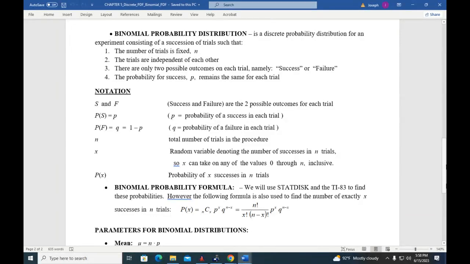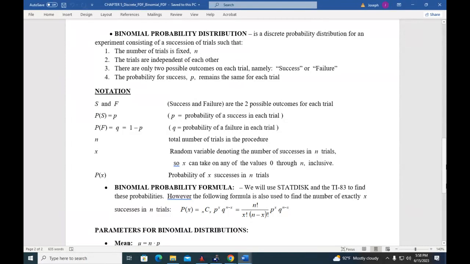You need n and you need p. That's it. q is 1 minus p. q is the probability of a failure. p plus q equals 1, because there's only two outcomes. So for any experiment, you have probability p for success, probability q for failure, and they have to add to 1 for any particular trial.